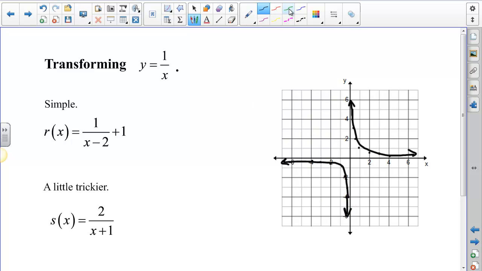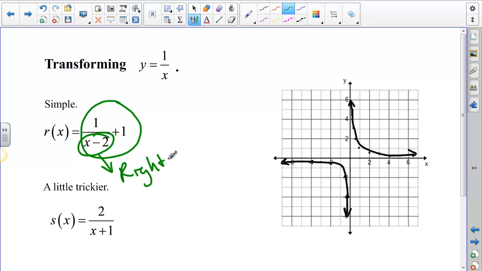And when I look at this graph, I see 1 over x minus 2 plus 1. Well, this is replacing x with x minus 2. And what that means with all our other transformations is that it's going to move the graph right 2 units. And this plus 1 is going to move the graph up 1 unit. And so what that does is it changes where our asymptotes are. Our asymptote was at x equals 0. Now it's going to be at x equals 2. And so I'm just going to draw a nice dotted line there.